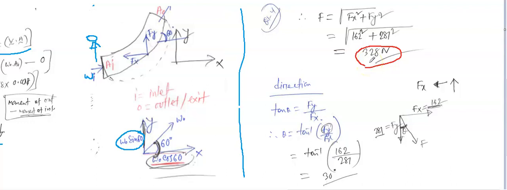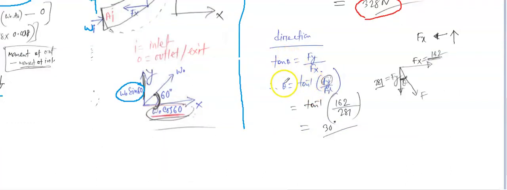Now the direction. This is a little bit complicated, because you guys will make some mistakes with this. The direction means we need to calculate the angle theta. The general formula we know is tan theta equals the vertical force Fy over Fx, so theta equals tan inverse of Fy over Fx. You need to be careful actually.